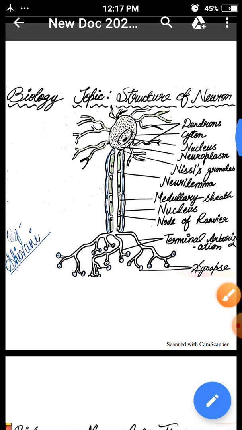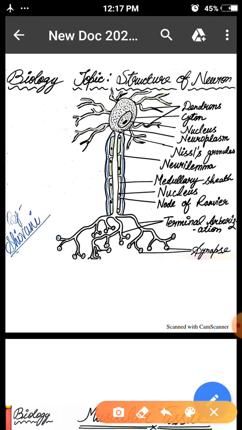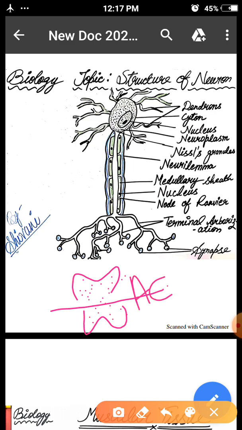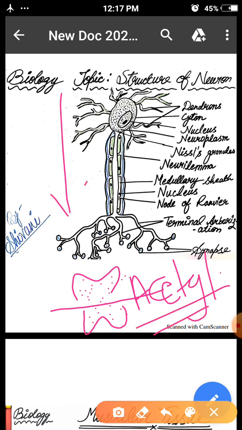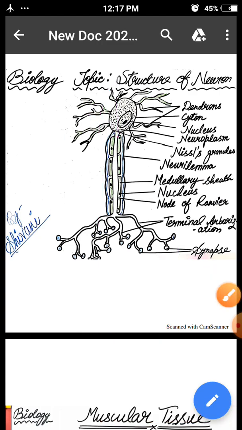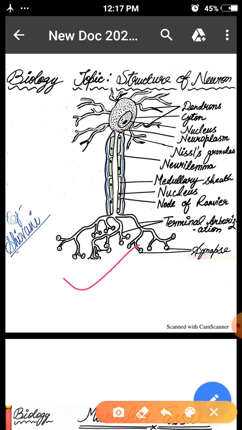Actually, synapses are like the attachment point between two neurons, and there is a chemical present in these synapses called acetylcholine, and this acetylcholine helps in the transmission of the message from one neuron to another neuron. It forms a bridge between the two neurons. So this attachment point is called synapse. This is all about the structure of the neuron.